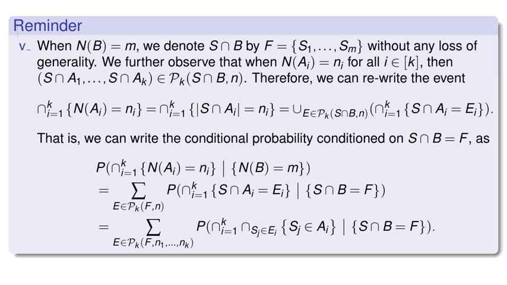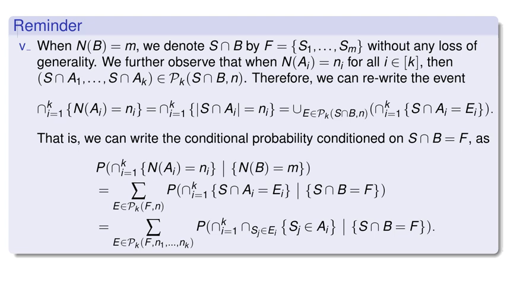Continuing the reminder. Fifth, when N of B equals m, let's denote the set S intersect B by F, which is S_1 and so on till S_m without loss of generality.